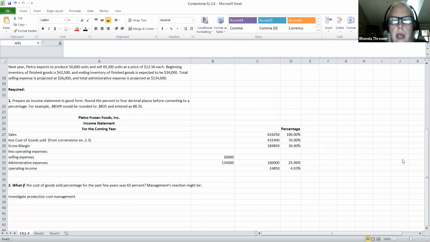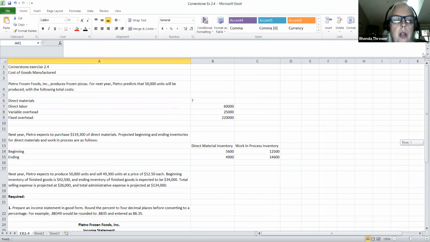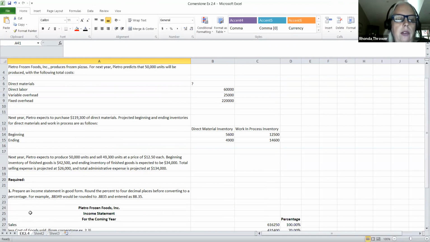So you should be able to see again that this is the same problem. It's just that they're adding different parts to it. And in this part, what they've done is they've given you some additional information. They still are telling you that the beginning finished goods inventory is 42,500, and the ending finished goods inventory is 34,000.